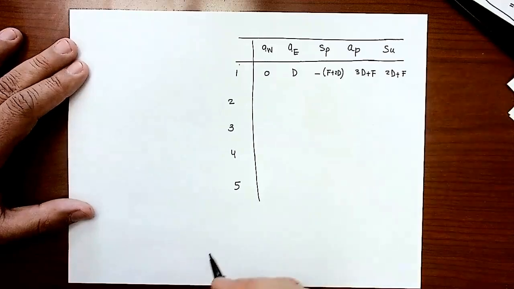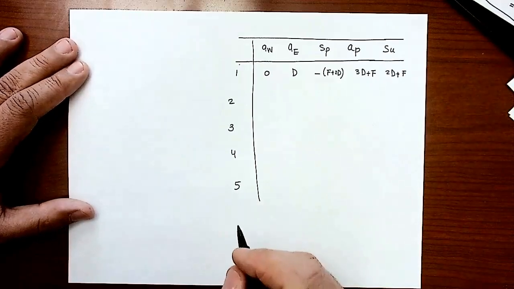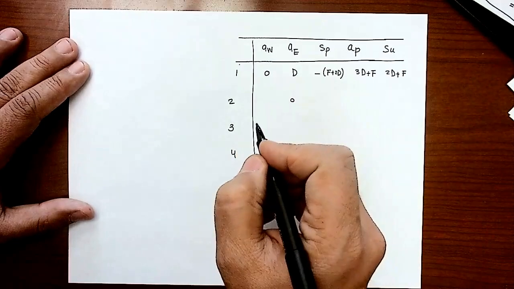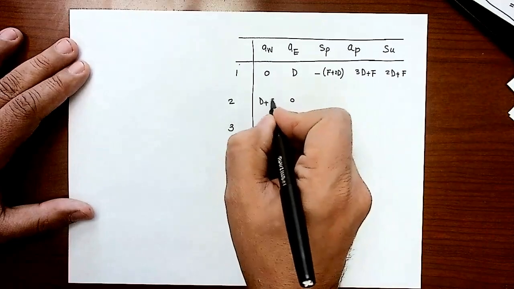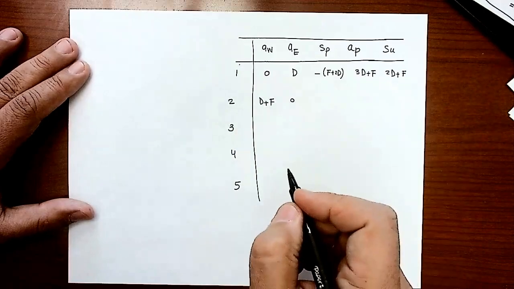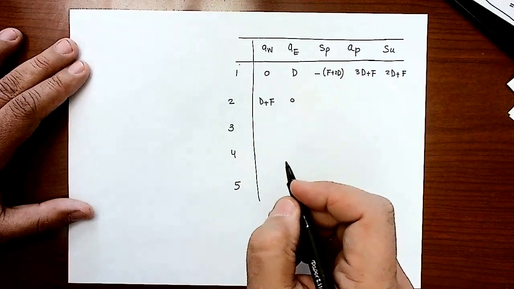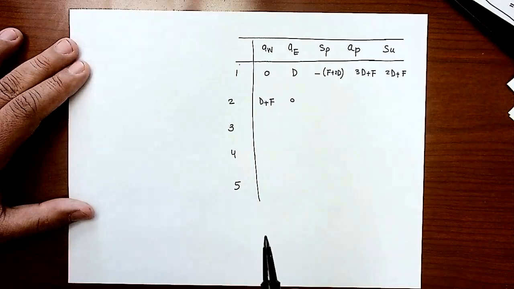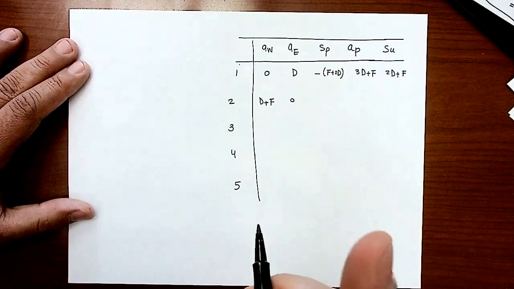Yep. And going for node number 2, this is an interior node. We got A East is 0. We got A West is D plus F. And we got SP is minus 2D. Let me review that interior node. Okay, just a second here.